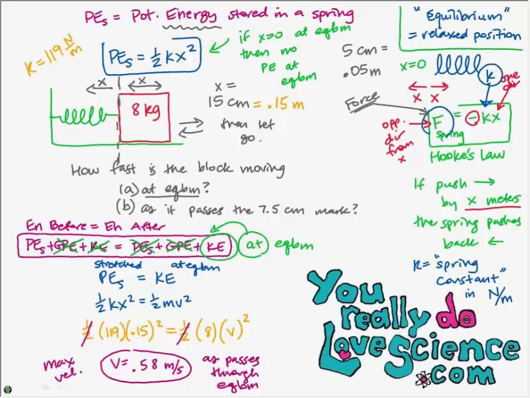Okay. Now we have to solve part B as it passes the 7.5 centimeter mark. Now luckily I gave it to you 7.5 centimeters, which is exactly half of 15. So you can already know that it's going to be half potential energy and half kinetic energy because it's halfway in. But, well, let's just work it and see. It's half the distance.